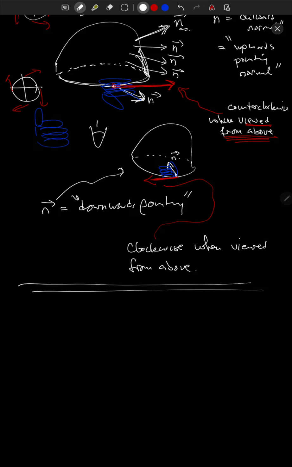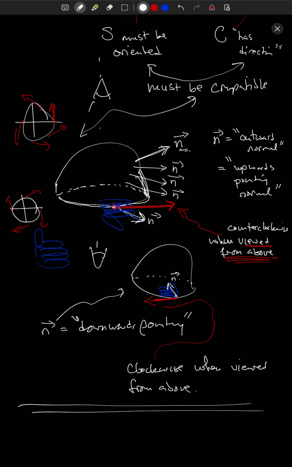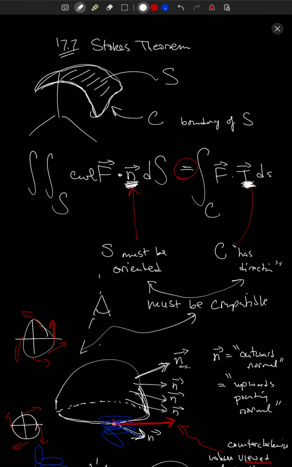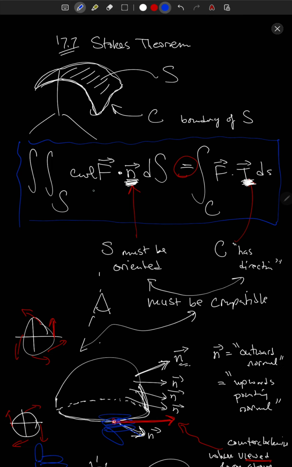If we look back at Stokes' theorem, that's the only real issue with this theorem, because everything on the left-hand side we understand. We understand the curl as a vector field, and we understand how to calculate the flux across a surface S of a vector field from the last section.